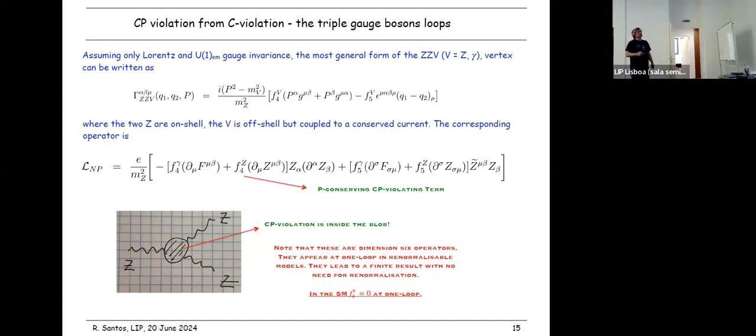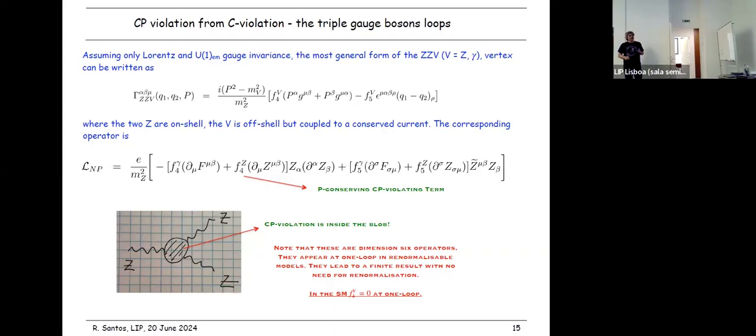Because you can write this kind of vertex, assuming only Lorentz invariance and U(1) electromagnetic gauge invariance. You can write it like this. This is the operator, and this operator is also P conserving, CP violating. So you can have a CP violating vertex related to what is going on inside this model.